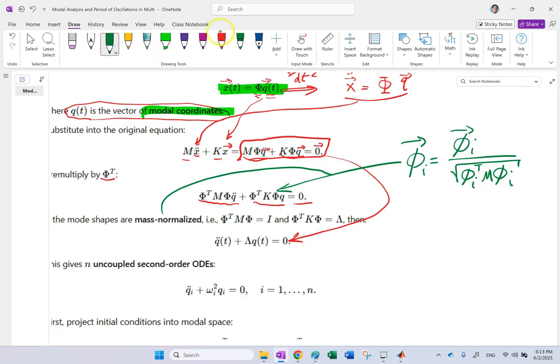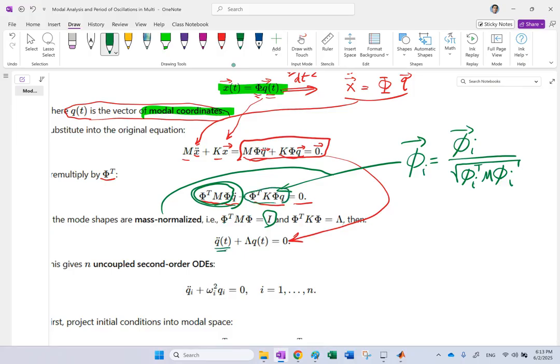And now the good thing is this. This is now a diagonal matrix. This coefficient is going to be a diagonal matrix, and it's going to be identity matrix. So if I expand this, in the first row, I only have Q1 double dot, second equation only Q2 double dot, third equation only Q3 double dot, like this. And what about this guy?